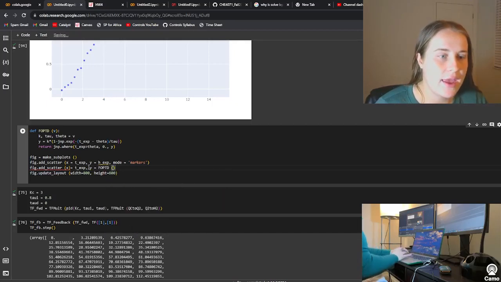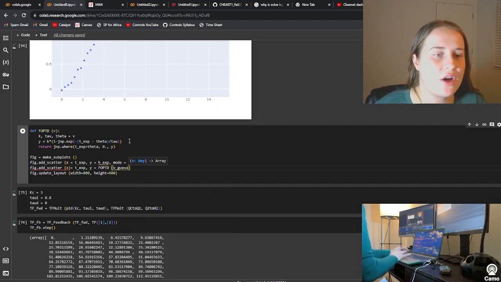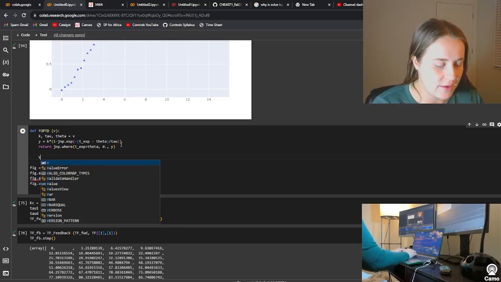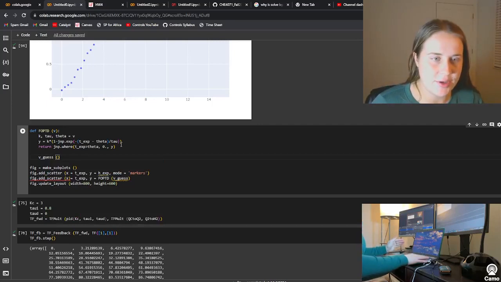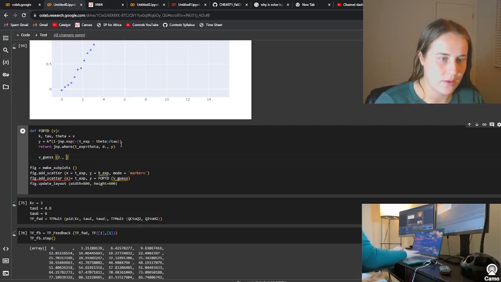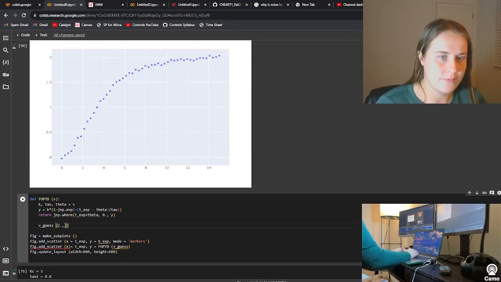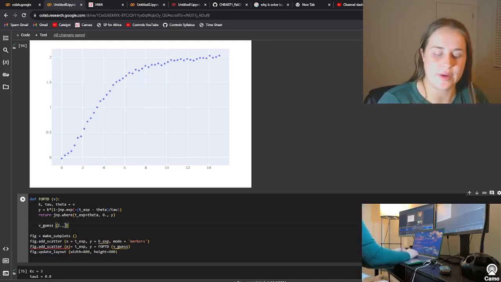FOPTD, and we're going to need a v-guess. We're going to want to guess our gain. So I'm going to come here and do v guess, and I want to guess our gain was maybe about 2, and then our time constant, which we can guess around 3.